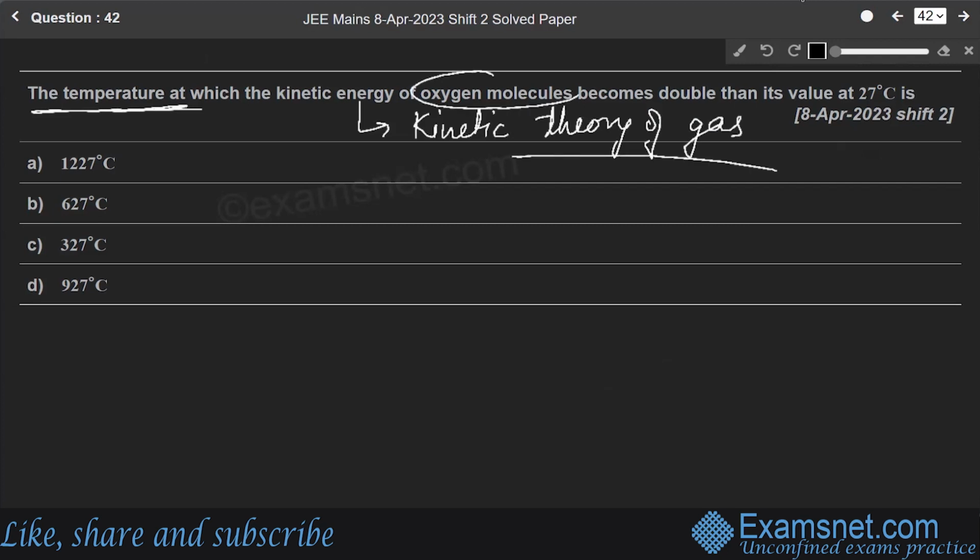Oxygen is a diatomic molecule, and we know that the kinetic energy equals N by 2 kBT, where kB is the Boltzmann constant, and its value is 1.38 into 10 to the power minus 23 joule per Kelvin.